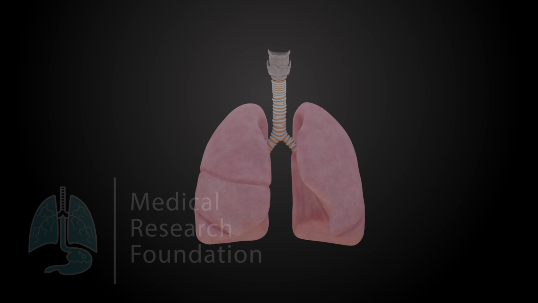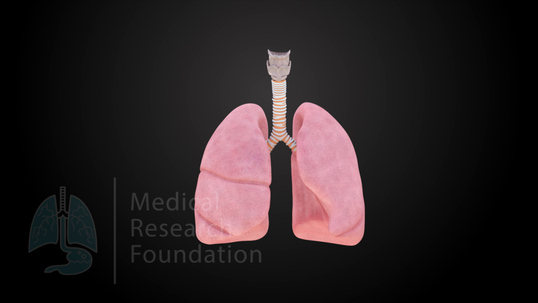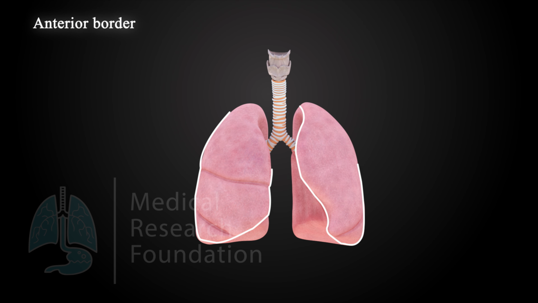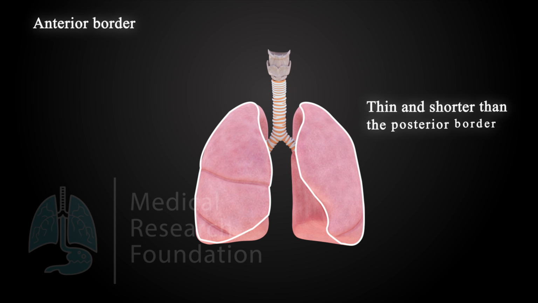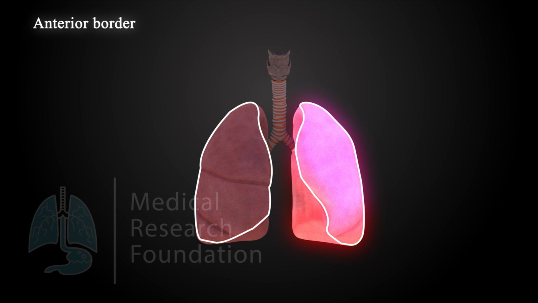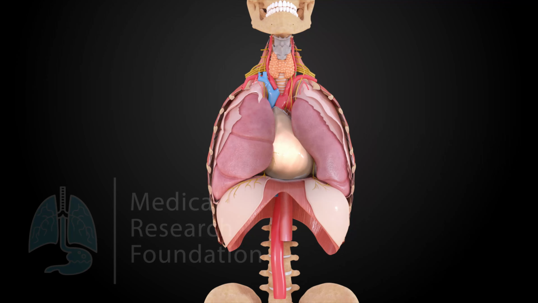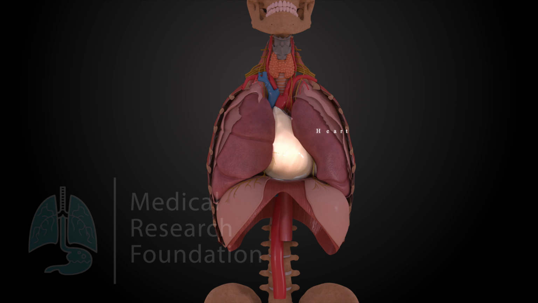Borders. The borders of the lungs are as follows. Anterior border. It is thin and shorter than the posterior border. The anterior border of right lung is vertical. The anterior border of left lung presents a wide cardiac notch, which is occupied by the heart and pericardium.